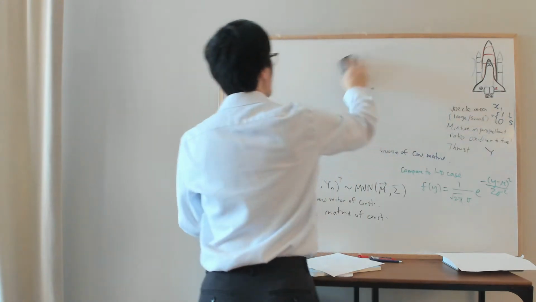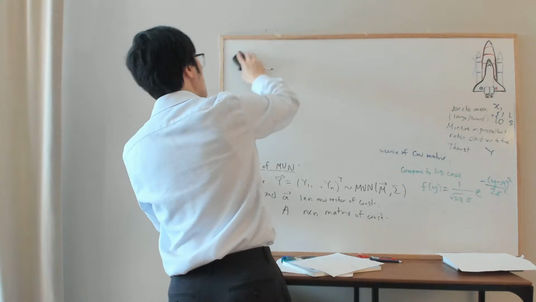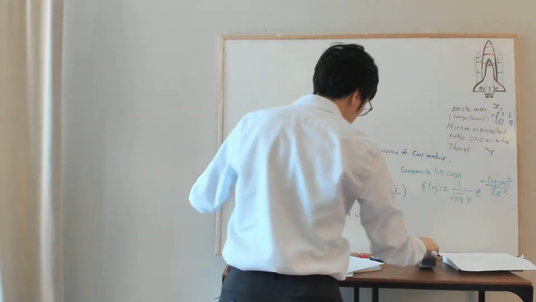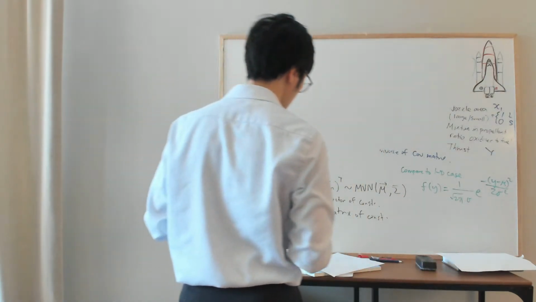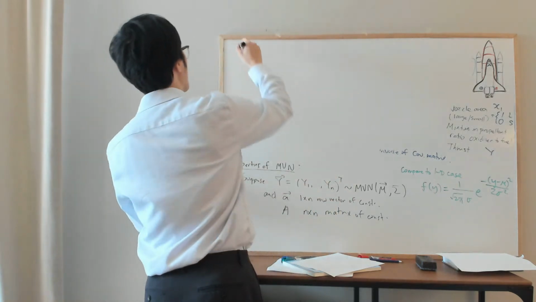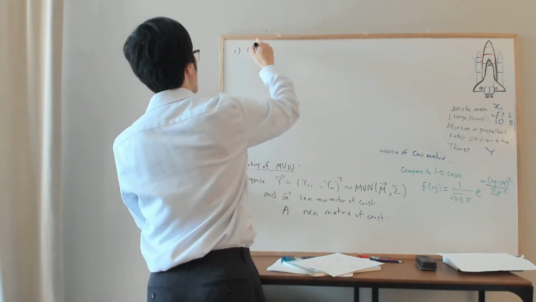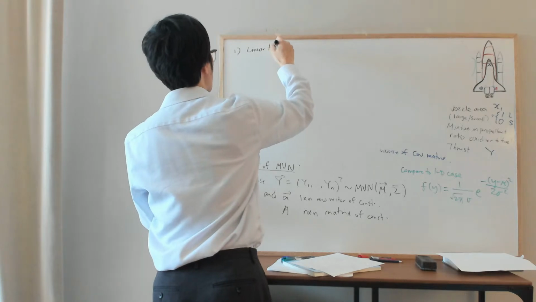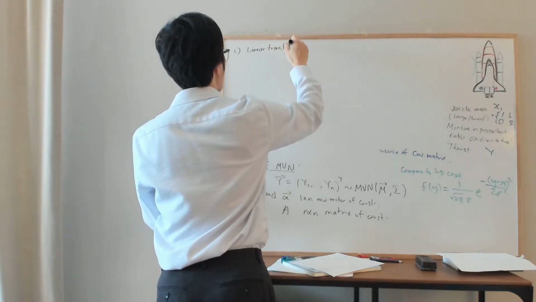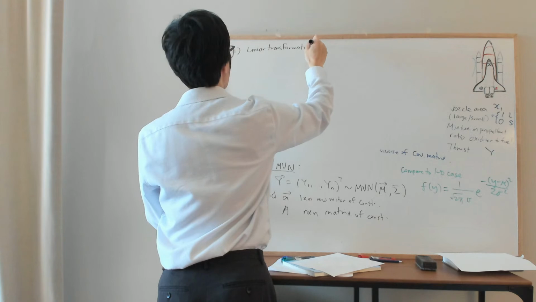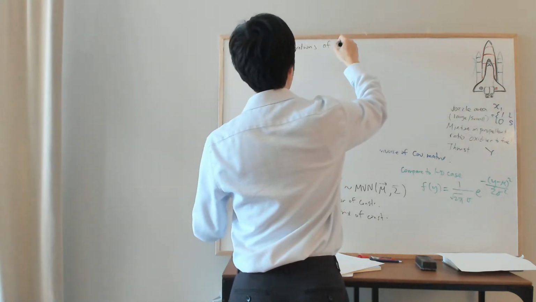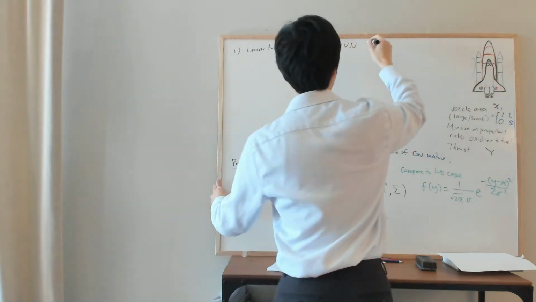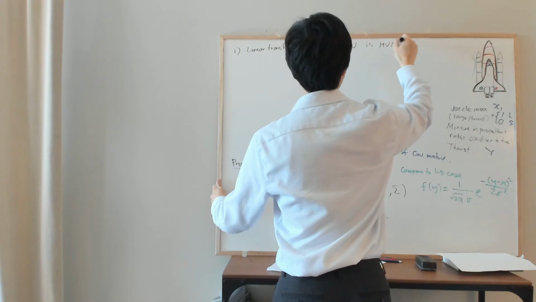When we said linear combinations, they're really just a special case of linear transformations in general. So number one is that linear transformations of a multivariate normal is multivariate normal.